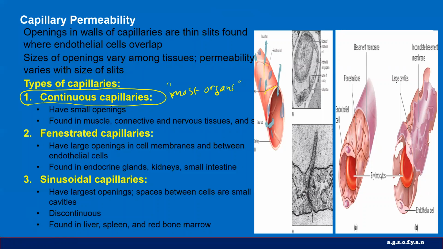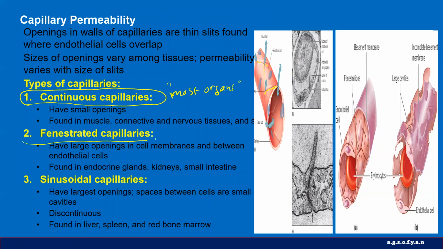It's continuous, with smaller holes. Therefore, only certain substances are able to move from the blood vessel to our cell. For example, oxygen will easily move out from this blood vessel into our cell. So this is continuous.